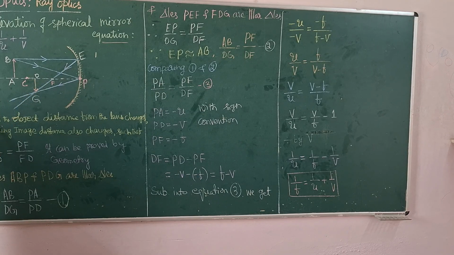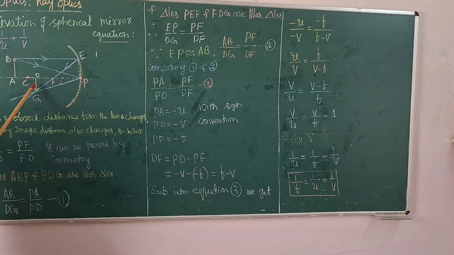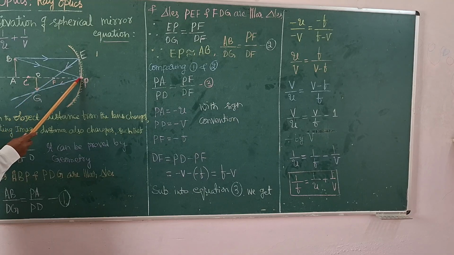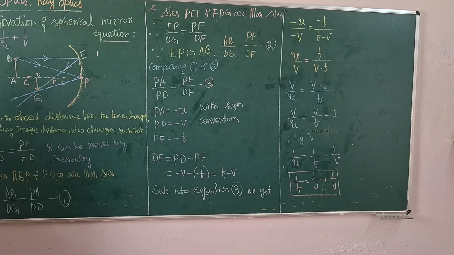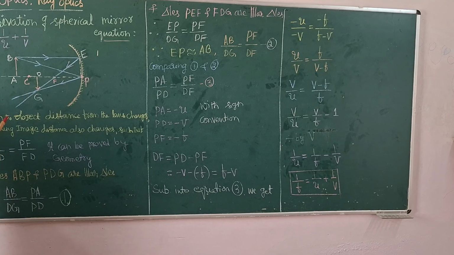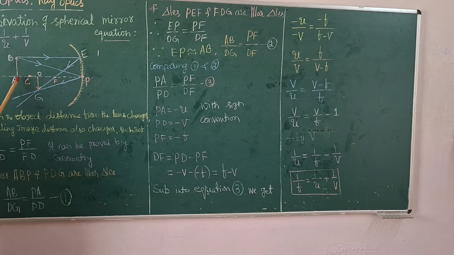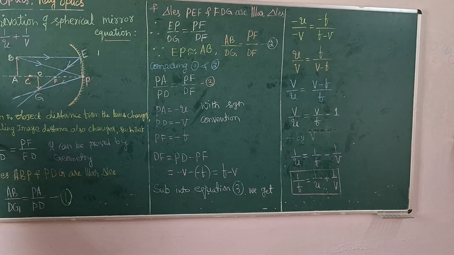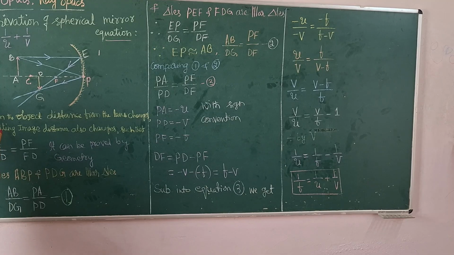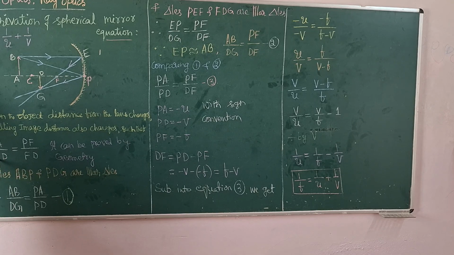When the object distance from the mirror changes, the resulting image distance also changes. Therefore, these two distances are variable. But the ratio of PA and PD remains the same. This is of course an experimental observation.